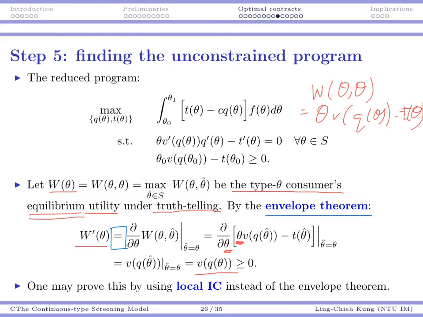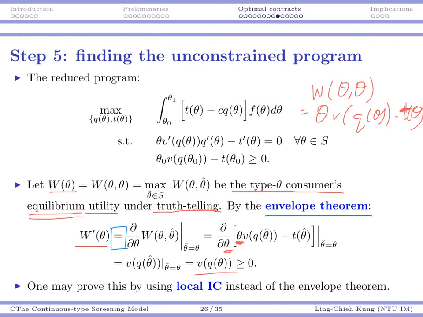If you plug in theta before you do the differentiation, then you get this, and then you will differentiate this one with respect to theta. Then this, and this, they are all variables. So you are going to use the chain rule once and twice to get a quite complicated thing. But then because you have local IC, a lot of terms would cancel each other, and eventually you will get the same thing. So maybe you want to try it at home.